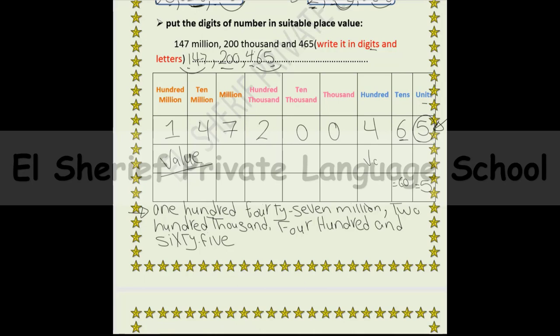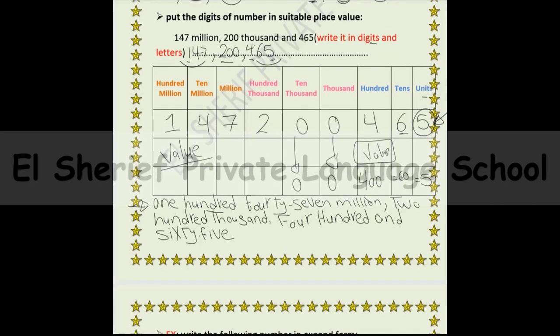Value of 4 in hundreds, we write the value. 4 in hundreds equals 400, and 0 in any place value equals 0. 0 in thousand equals 0, 0 in 10,000 equals 0, and 2 in 100,000 equals 200,000.